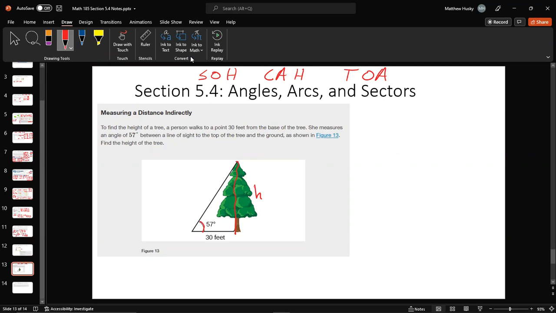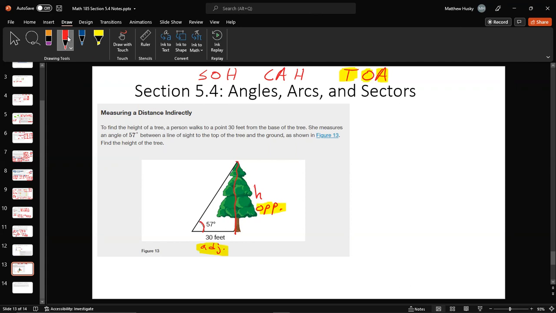This side, the 30, is going to be adjacent. And the other side over here is going to be the opposite, because we want to know the height of this tree. I know the adjacent and I want the opposite, so the one that has opposite and adjacent is going to be tangent. So the trig function I need to use to solve the problem is the tangent.